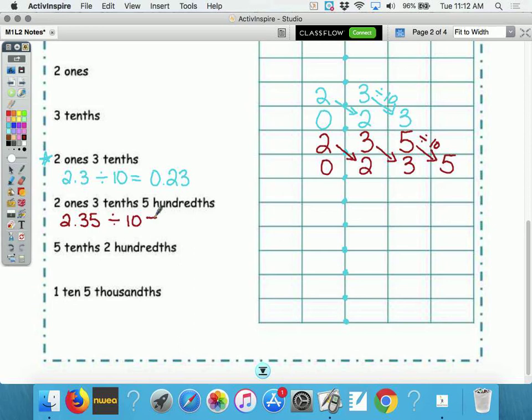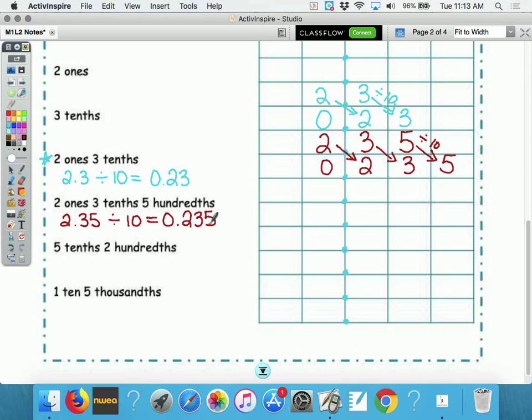Do I need a 0 in front of that? Yes. Okay. Whisper to your table group how to say this number. 235. Okay, what place value is the 5 in? Thousandths. Thousandths. So that's what you say.